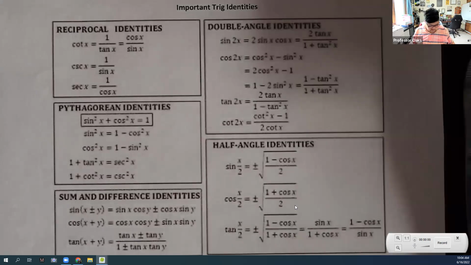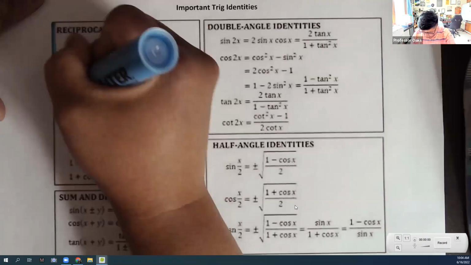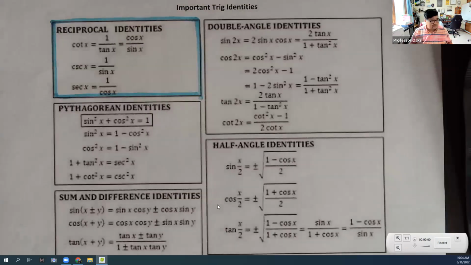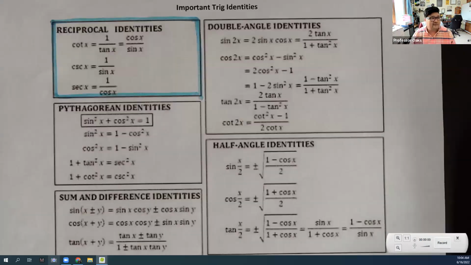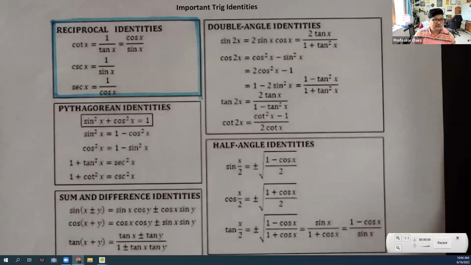like from this box right here, the reciprocal identities. Honestly, my favorite one out of all of them is probably the one, and I'll show you real quickly.